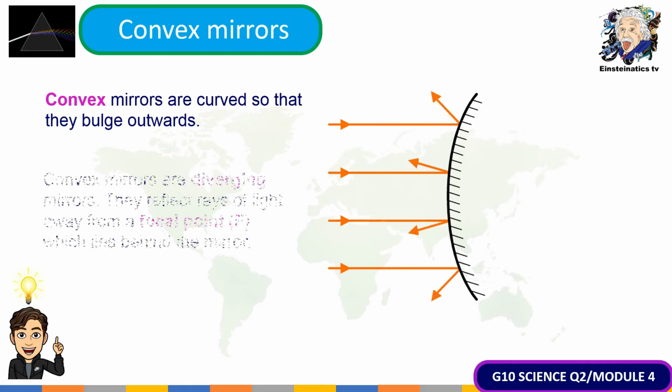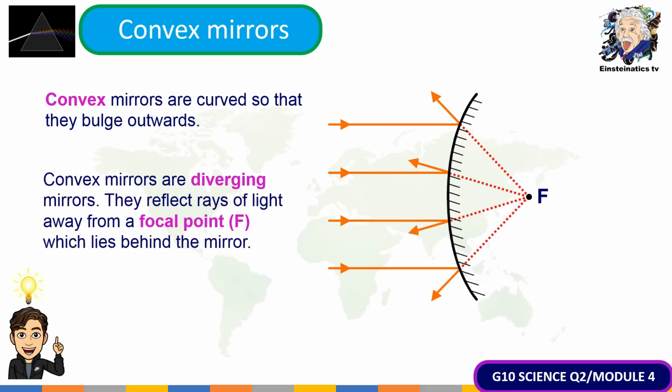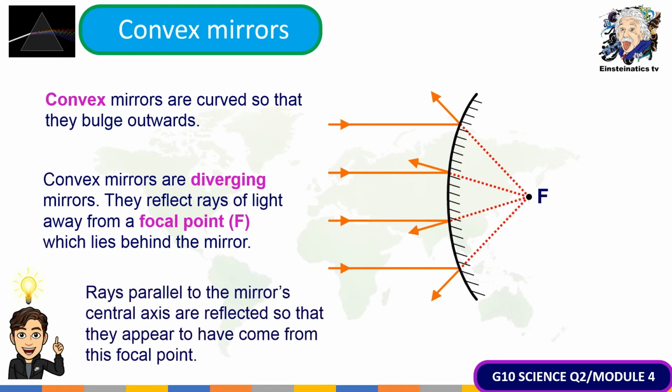So, with this, convex mirrors are diverging mirrors wherein they reflect rays of light away from the focal point which lies behind the mirror. Unlike kanina, wherein in front, napoform yung image, this time behind the mirror naman for convex mirrors. So, yung rays parallel to the mirror central axis are reflected so that they appear to have come from this focal point.